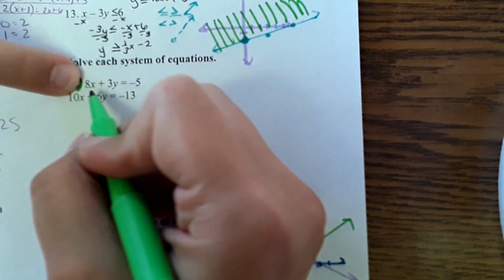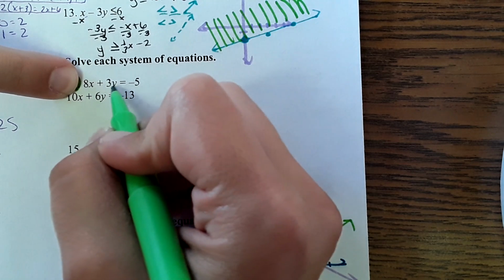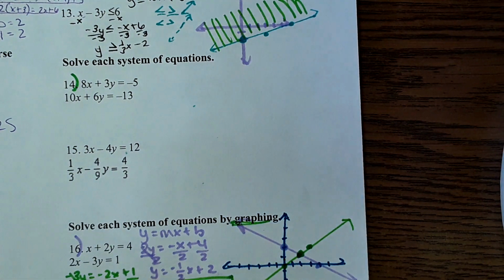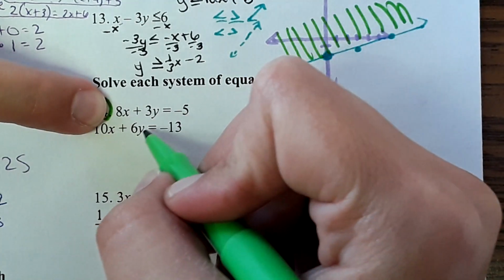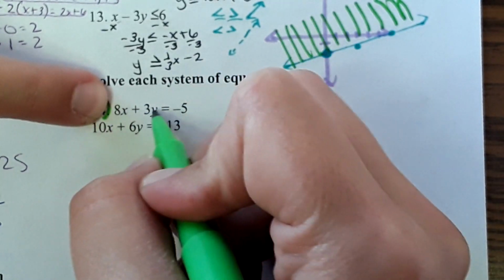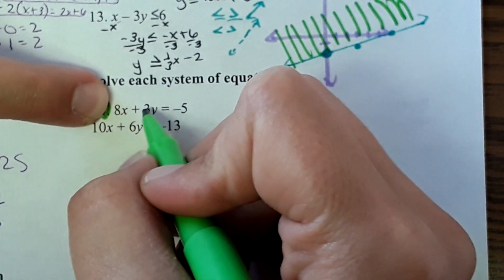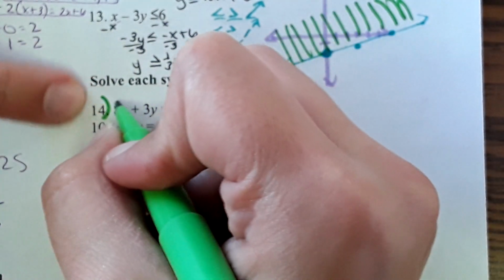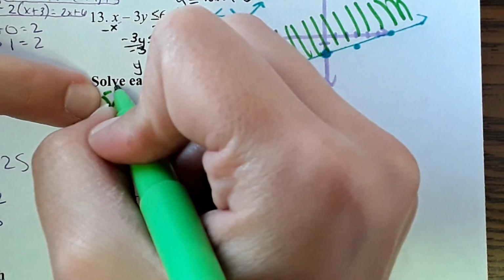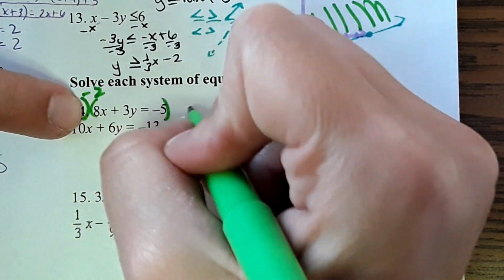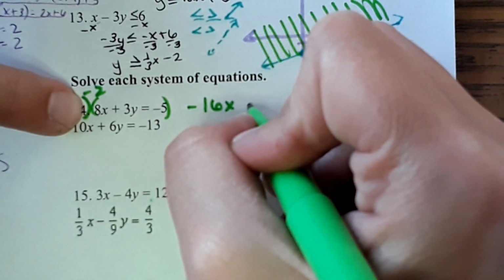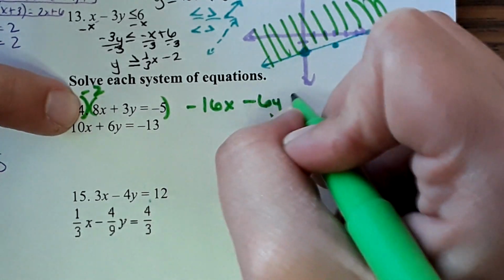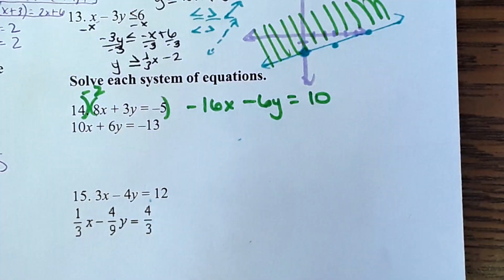So that's where we multiplied one of these by a number, so that way something would cancel. So for 14, 3y and 6y, I notice I can multiply all this by -2, and then the y's will cancel. So we're going to multiply all this by -2 to get -16x minus 6y, 10.